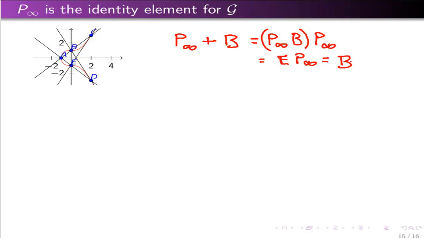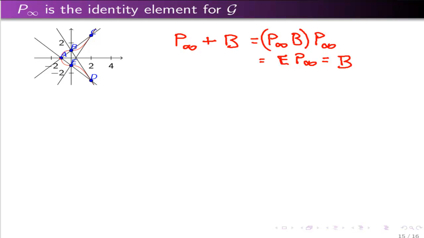And so there was no need for me to be working with the point B. I could have been working with any of the points B, E, C, or D in this demonstration. When you add P infinity to any one of those points, you're just reflecting that point twice through the x-axis, and so you're right back to where you started.